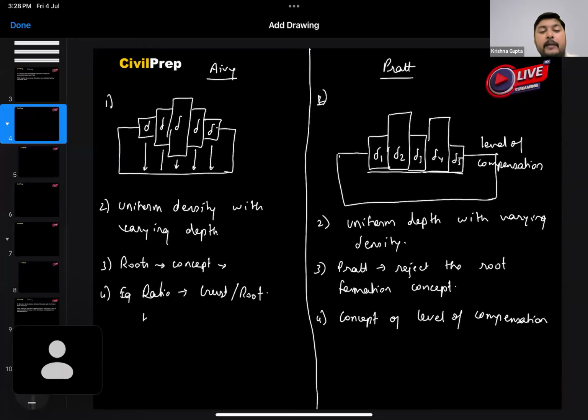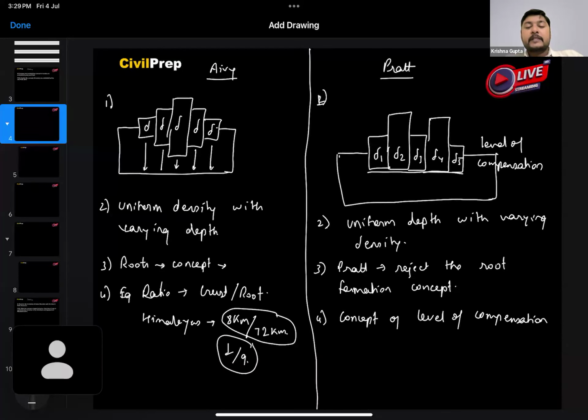For example, the Himalayas, the Mount Everest, is almost around 8 kilometers. So the root of this crust will be almost around 72 kilometers, so it is almost around 1 to 9.